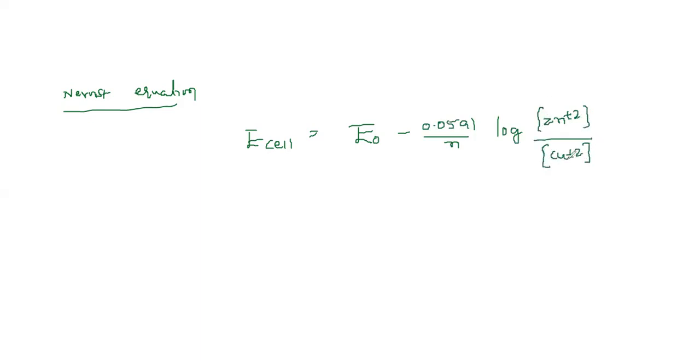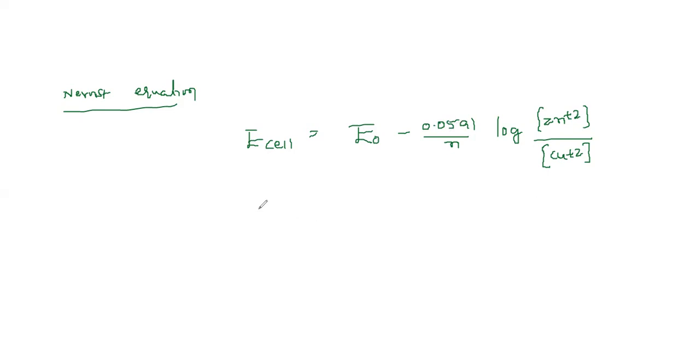Apply the Nernst equation: E cell equal to E naught cell, which means the standard electrode potential, minus 0.0591 by n log of anode concentration, Zn plus 2 concentration, by cathode concentration, copper plus 2 concentration. Always you have to take ions, don't take solids. Solid concentration is always 1.